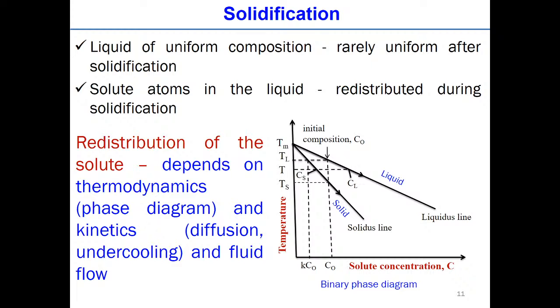If we follow the solidification from the C0 composition, then once it goes from liquid phase to solid phase at some intermediate temperature between the solidus and liquidus temperature, the solubility in the solid phase and the solubility in the liquid phase are different. That means the solid liquid interface moves in such a way that a composition variation exists in front of the solidification front.